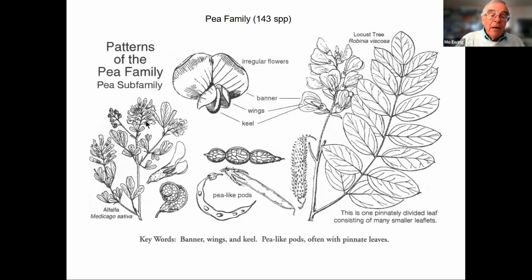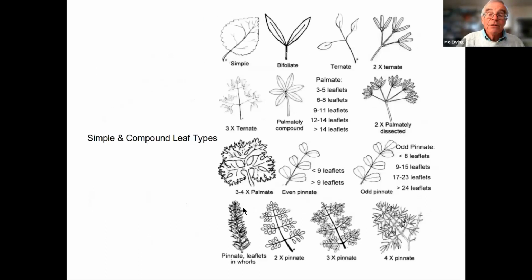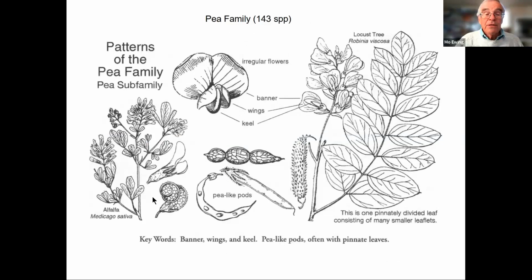But I talked about the different leaf forms, so let's take a look at the different leaf forms, because this is important. And the thing that I want to talk about here is the difference between simple and compound leaves, because this little guy here and this little guy here are considered to be compound leaves.